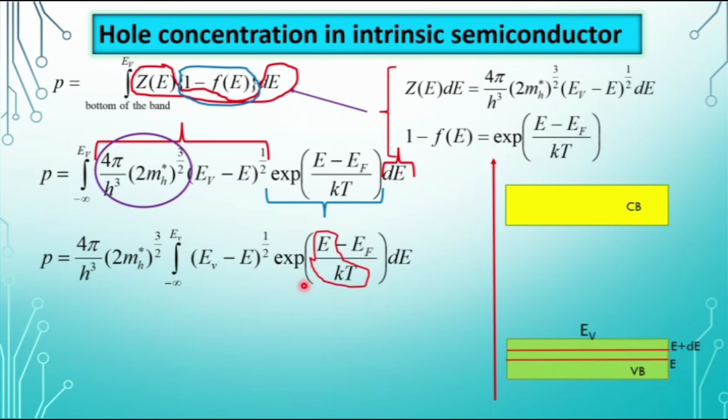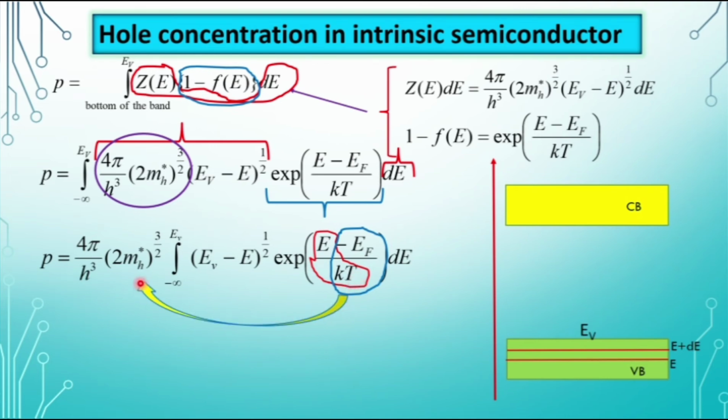Coming to this exponential function, there are two terms in this, that is exponential E by kT and exponential minus EF by kT. Further, this exponential minus EF by kT, if you can see, EF is a constant, k is a constant, T is a constant. So this exponential minus EF by kT is constant, and hence this can be taken outside the integration.